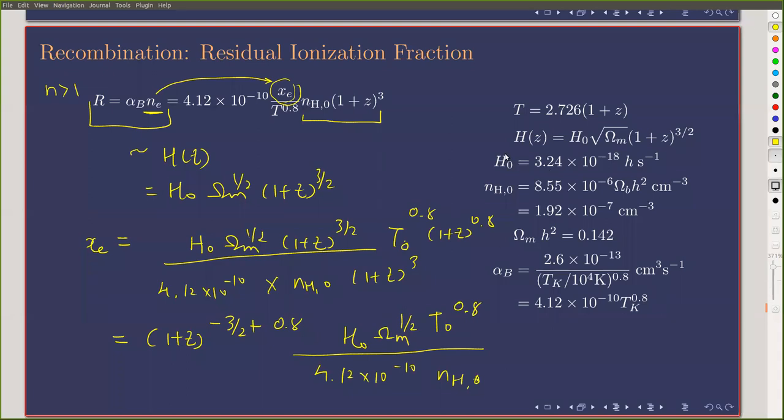You can simply put in the value of the Hubble constant here, and not replace the h value, and then use this combination instead. So this combination is what generally turns out. Did anyone do this calculation?